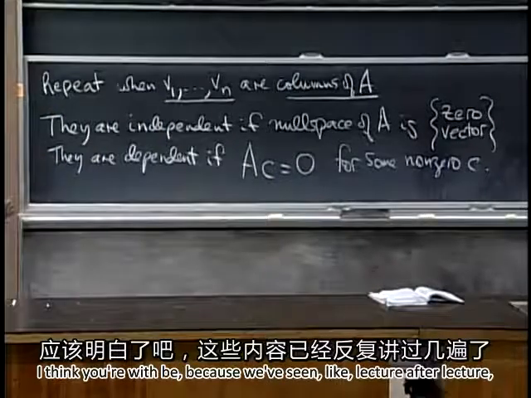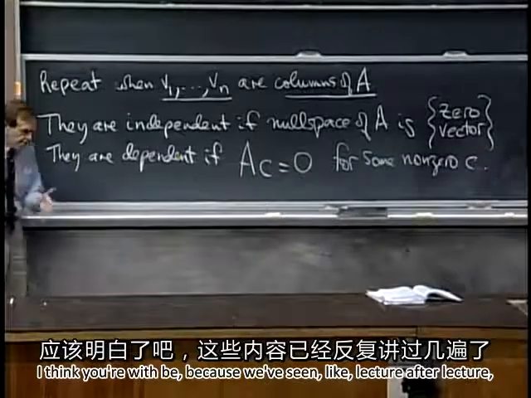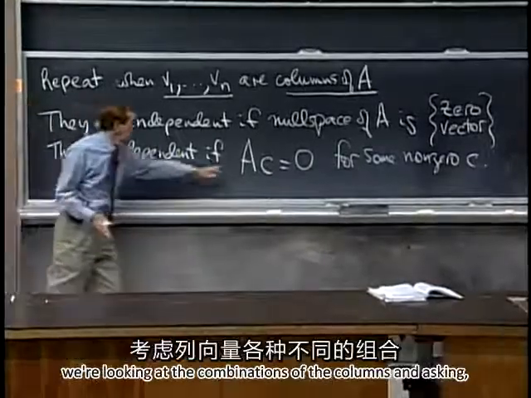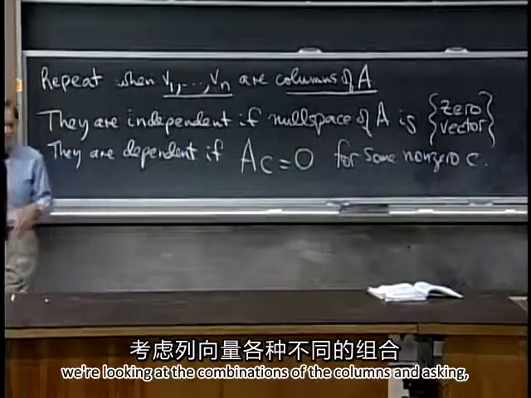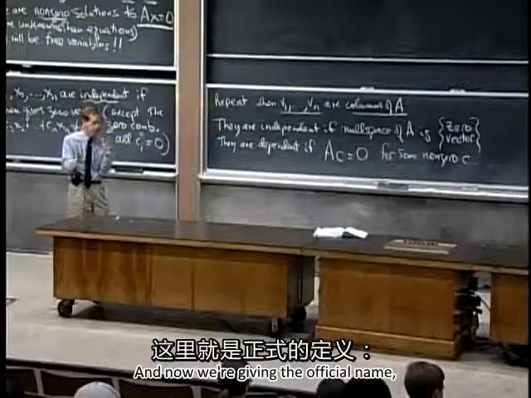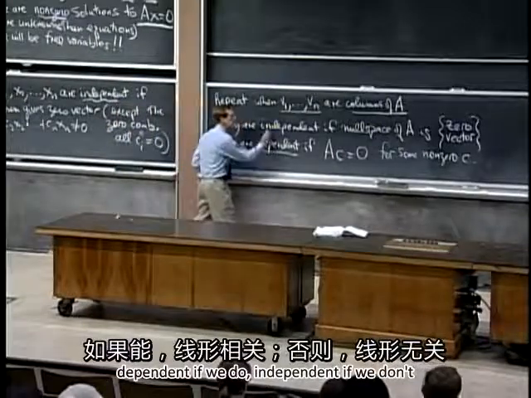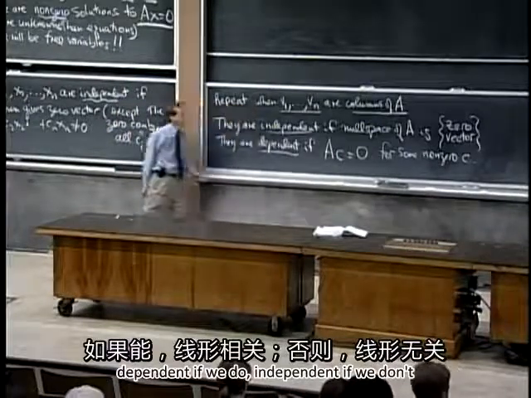I think you're with me, because we've seen, lecture after lecture, we're looking at the combinations of the columns and asking, do we get 0 or don't we? And now we're giving the official name, dependent if we do, independent if we don't.